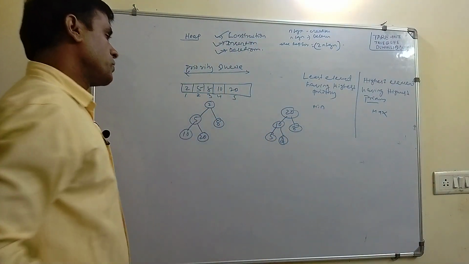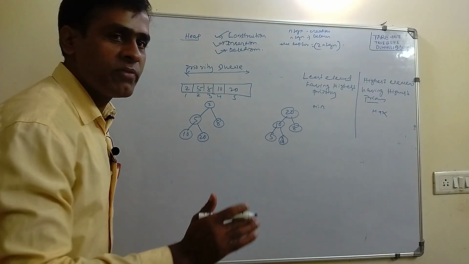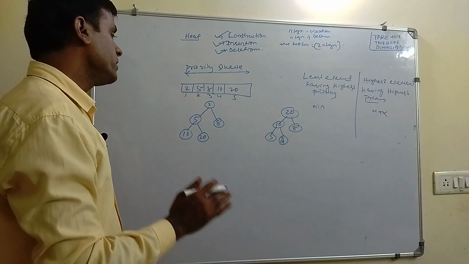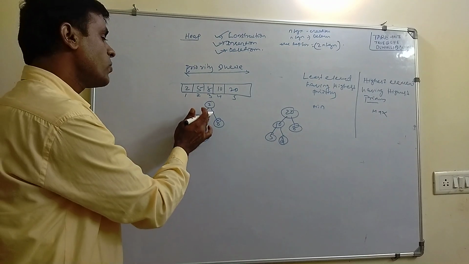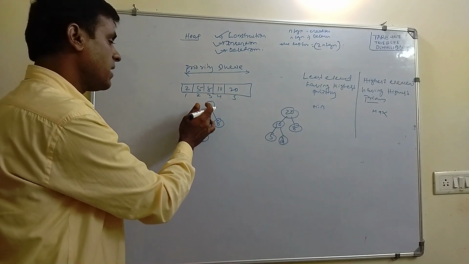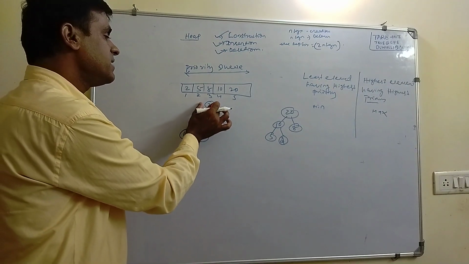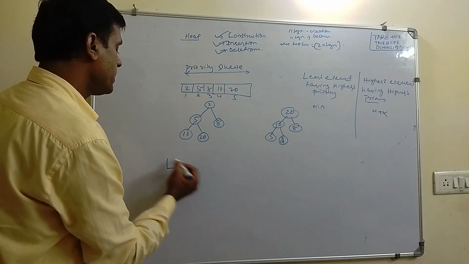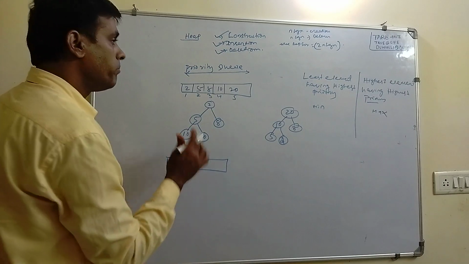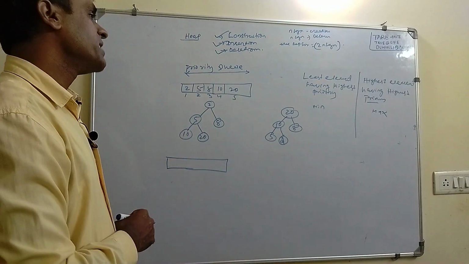So here the priority queue is used to represent the heap, and how will it be used to represent the heap? This is the minimum priority. So if you want to delete the minimum element, then you can delete the minimum element first, which is in the root. So min priority means the least element will be given highest priority.